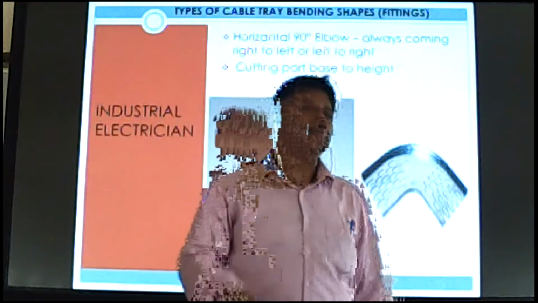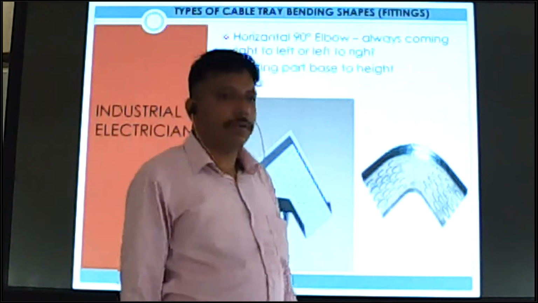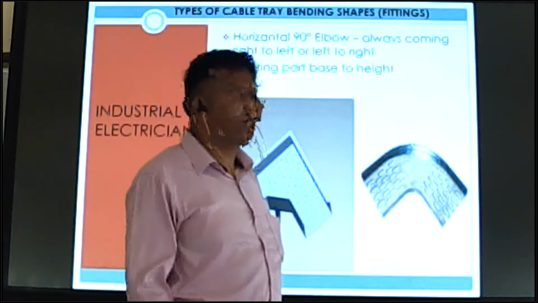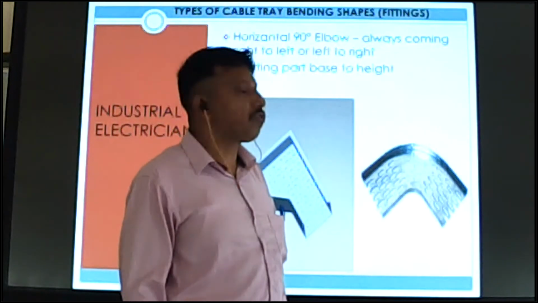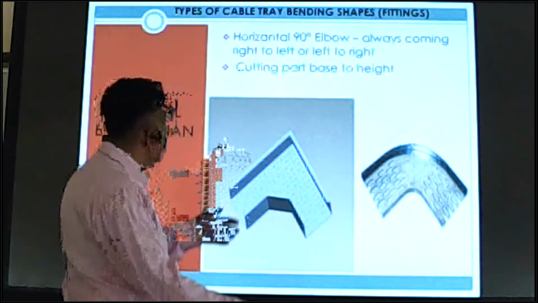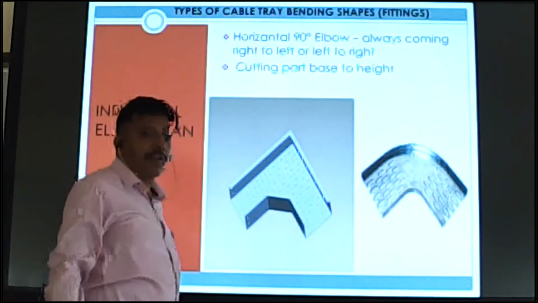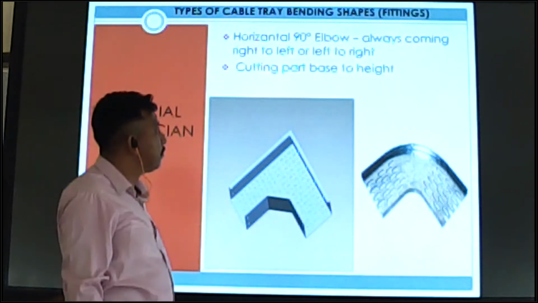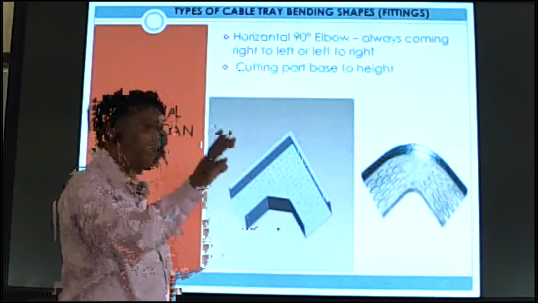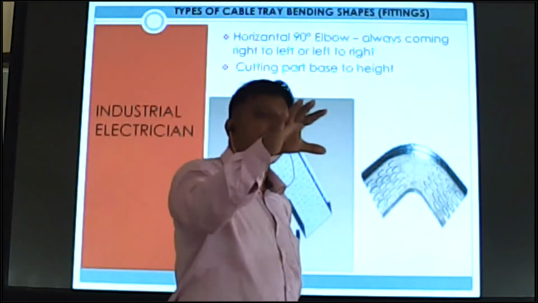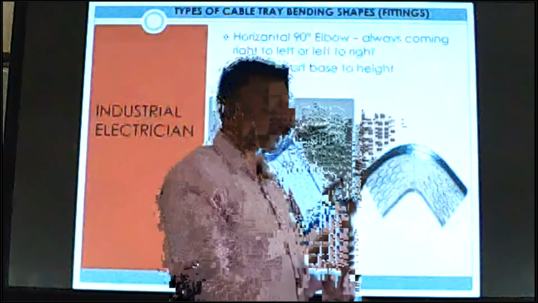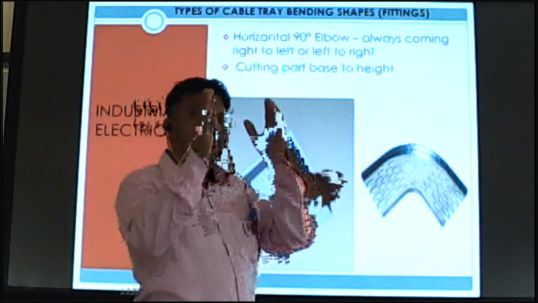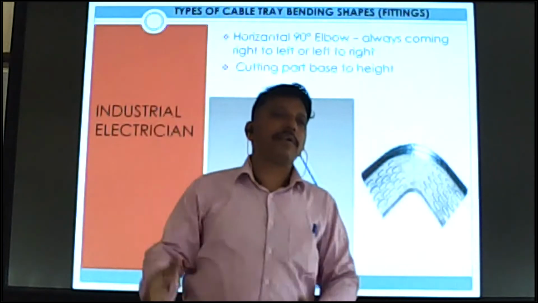I will explain one by one why we need each bend and which types of bend we are using. We can discuss this today. Okay, so this is the horizontal 90 elbow. This always comes in 90 degree. 90 means 90 degree, not 45. This always goes right to left or left to right.